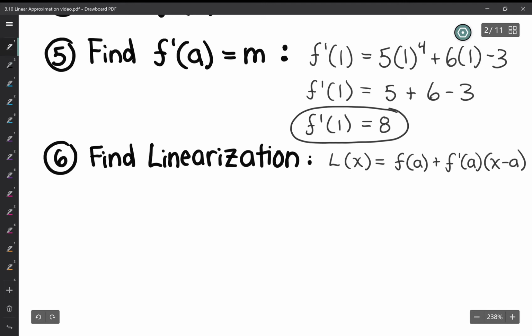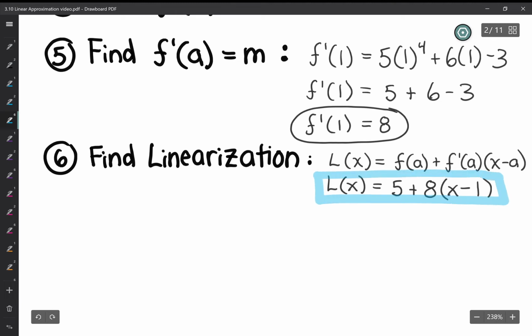So the linear approximation for our function at a equal to 1 is f of a, which is 5, plus f prime of a, which is 8, times x minus a, where a is 1. And this is the linear approximation at a equal to 1.